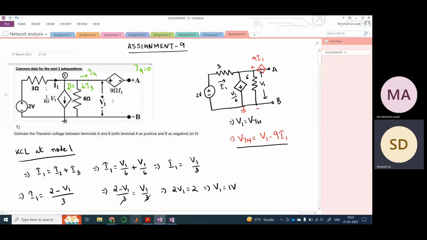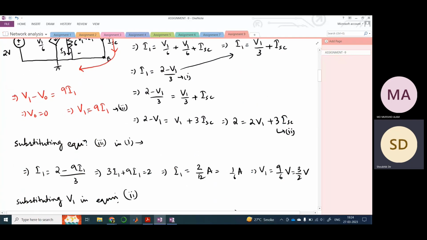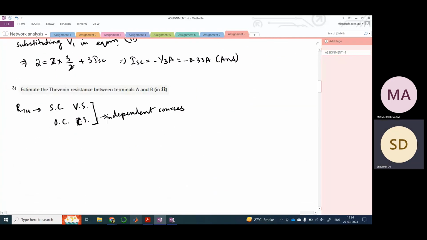This voltage V1 is the voltage across the 6 ohm resistor, so you can't short or open the dependent current source.